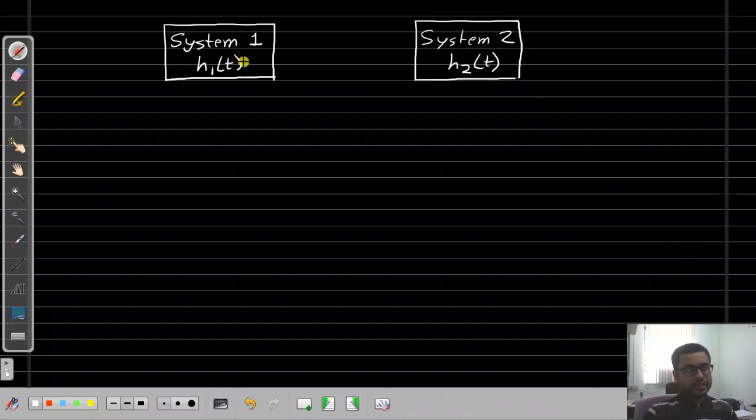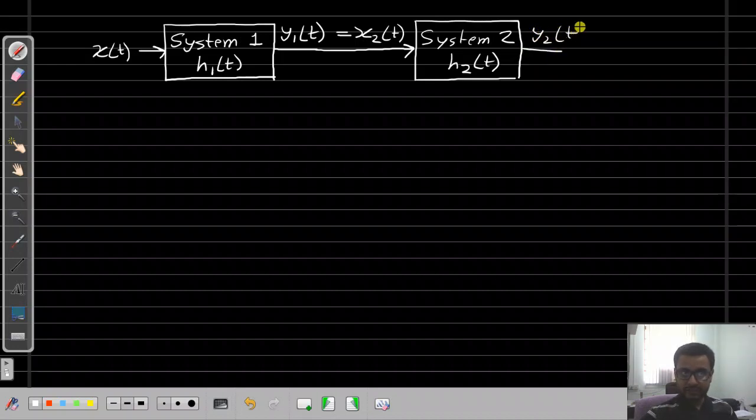Suppose the input to the first system is xt. That will produce our output y1t, and that output I will feed as the input to the next system. It will now produce our output y2t, and that will be my final output yt. Now this is called cascade connection.